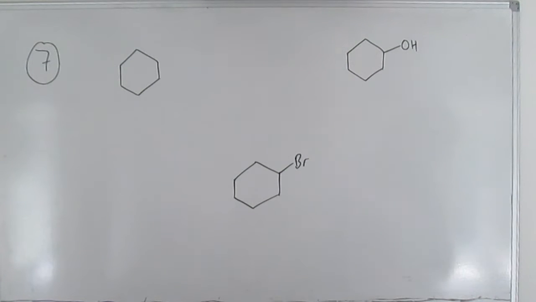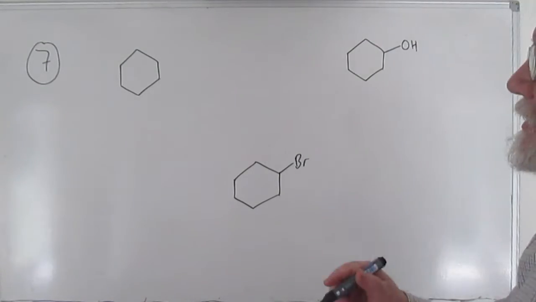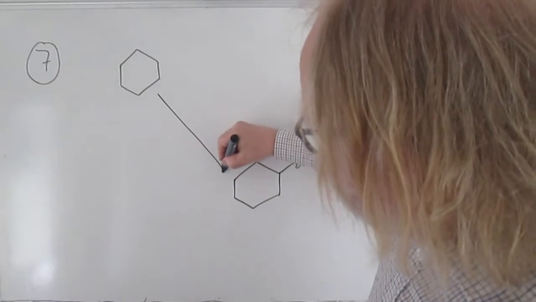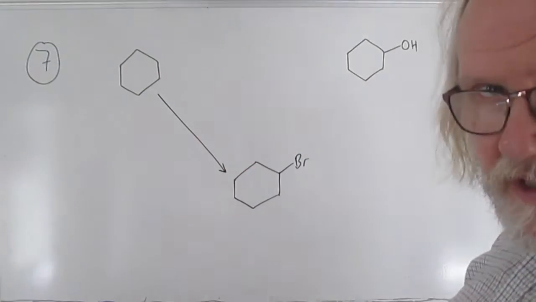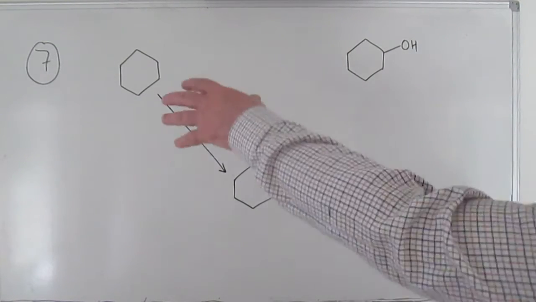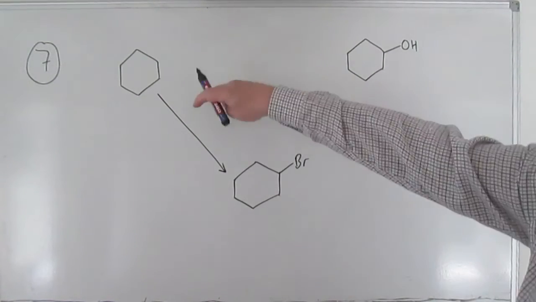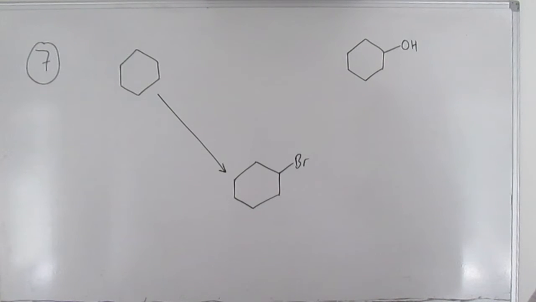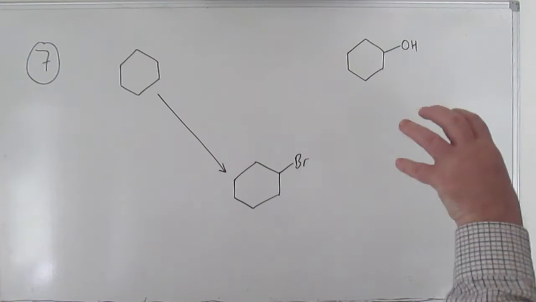And you need to remember how to do that. So the thing about these questions is you have to know your reactions really well, because that's harder than if you were asked, what happens when you react this compound with bromine in the presence of UV light, which is how you do this. If they ask you that, that's easy. But it's much harder when you have to think of using it.